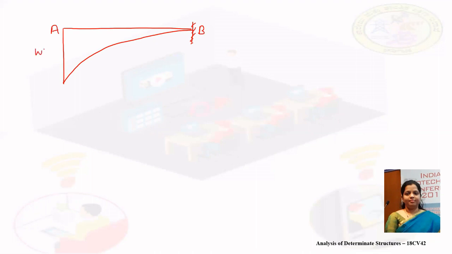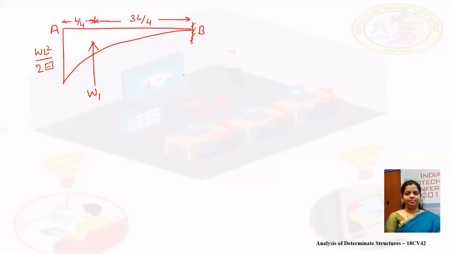It is WL square by 2EI. First, let us take the CG point. The load will be acting here. Let us consider the load as W1, and the CG is placed at a distance of 3L by 4 from the fixed support and L by 4 from the free end.